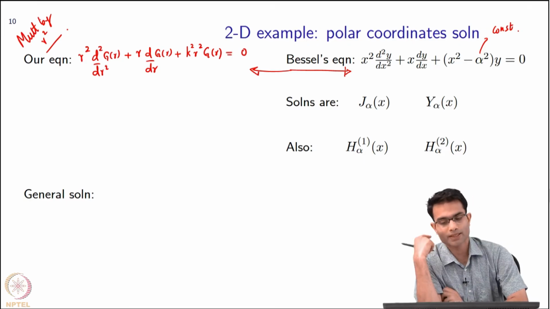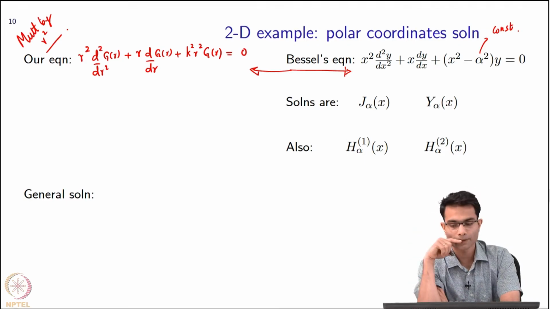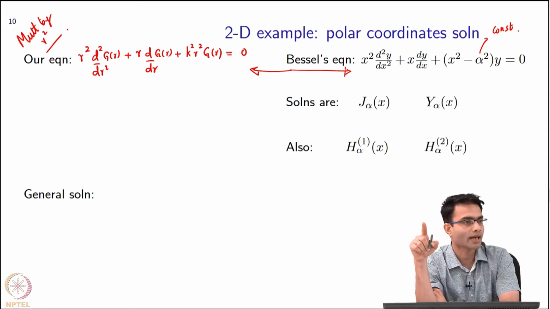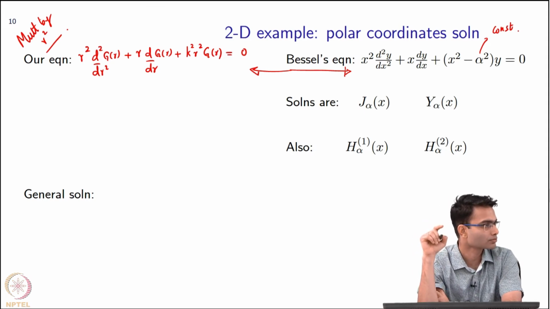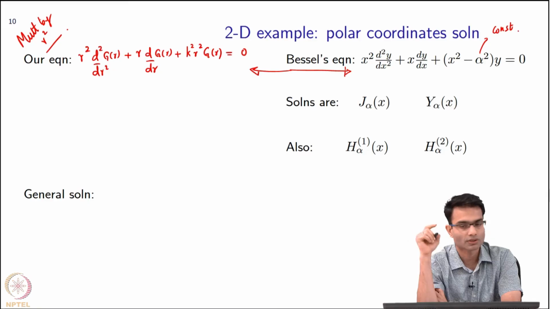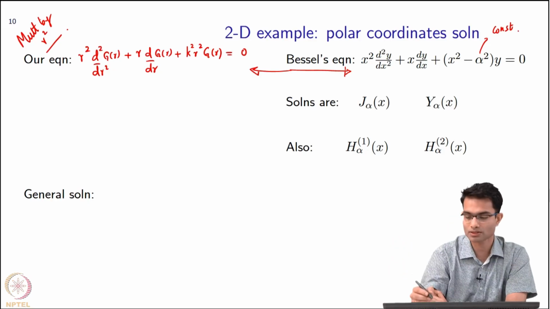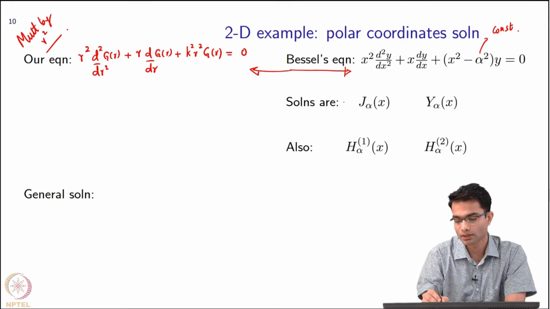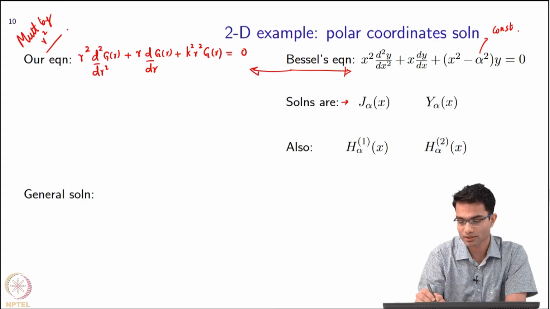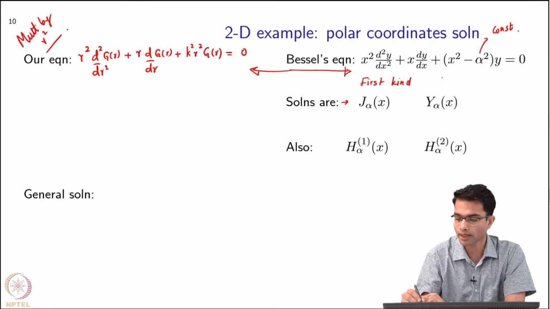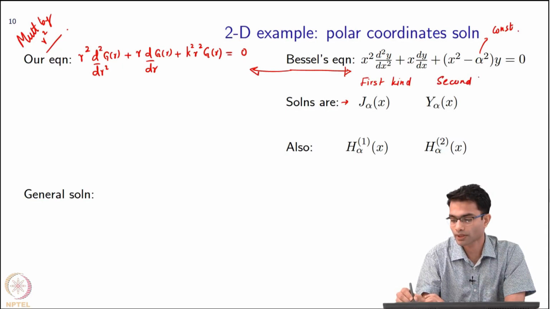We will have to deal with that k. We will get to that, but let us just look at the high level conceptual idea here. This being a second order differential equation has two independent solutions, and those solutions are named after Bessel. The two independent solutions are J alpha of x and Y alpha of x. These are called Bessel's functions of the first kind and of the second kind.